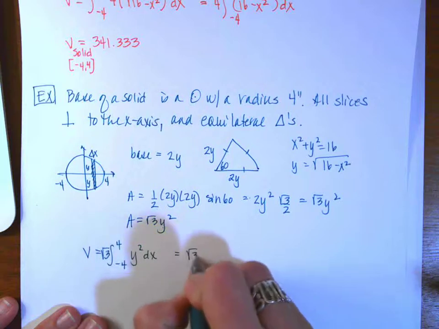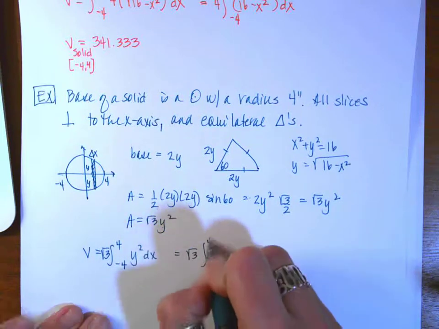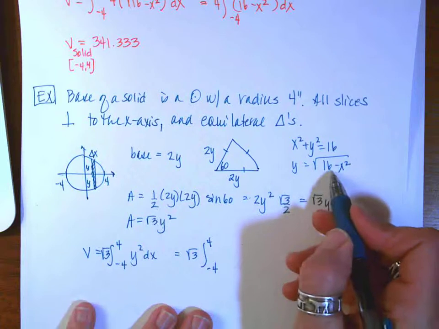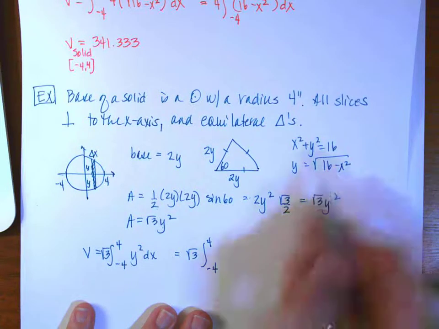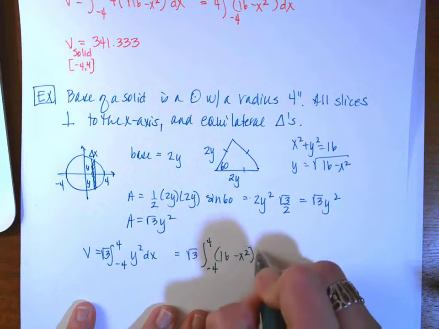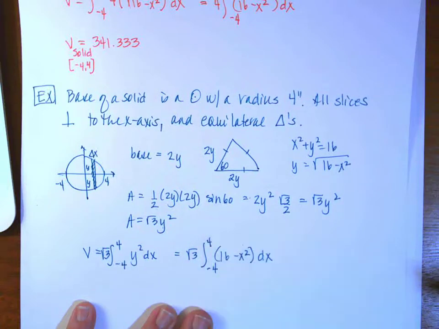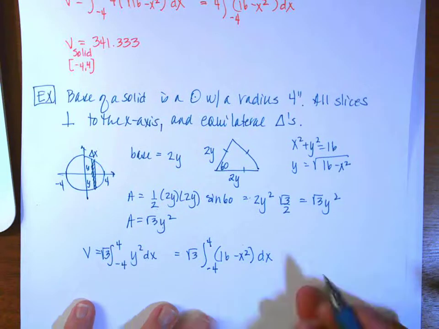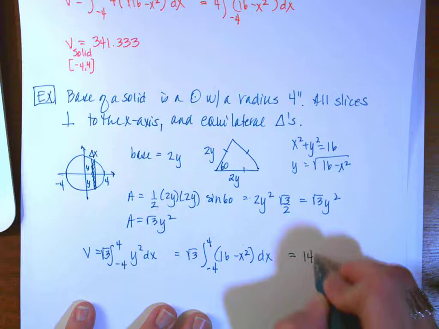I'm going to pull the radical 3 out front. My area is y squared, so it's y squared dx. So this is radical 3, and I go from a negative 4 to 4. I'm going to bring in my y squared, so I get 16 minus x squared, and then dx.